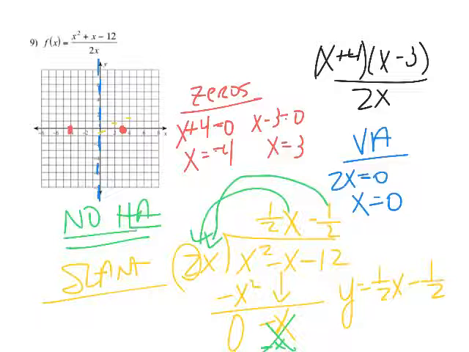And you can go down 1 and to the left 2, down 1 to the left 2, and down 1 to the left 2. Notice I'm putting my dashes in between the whole numbers because I started on a 1/2, so that's really where it needs to be. So there's your slant asymptote. Sorry it's not better. I probably need to make my graph bigger, but that's all right. And then we're good to go.